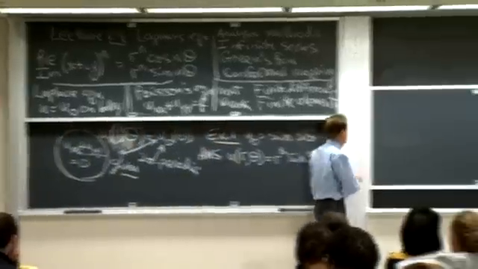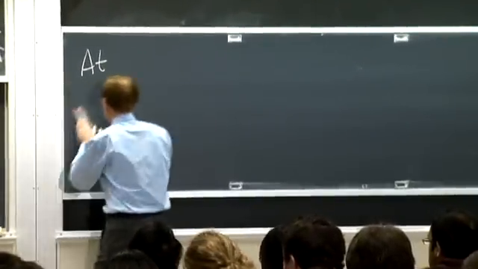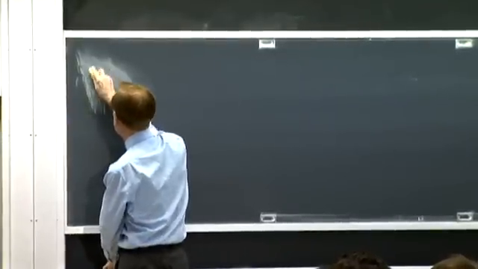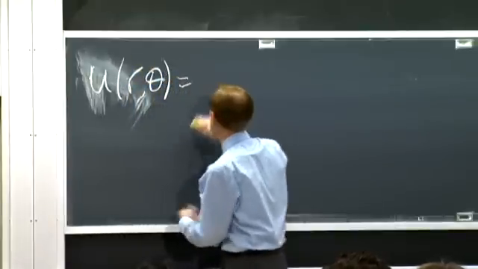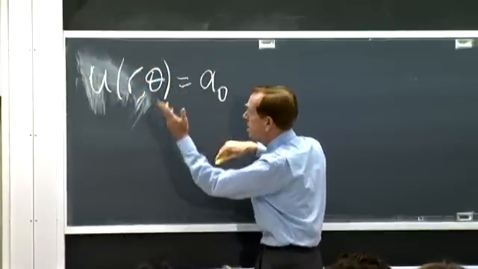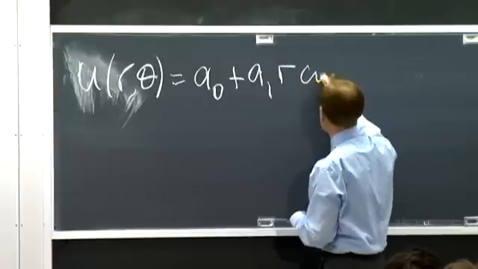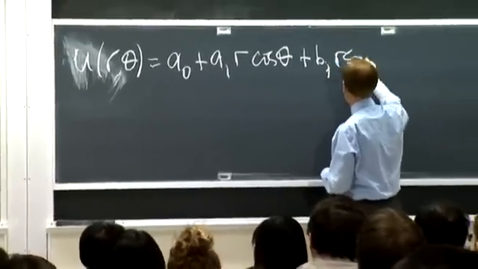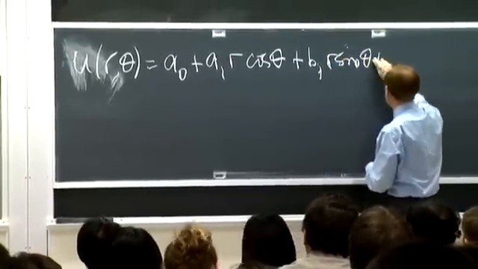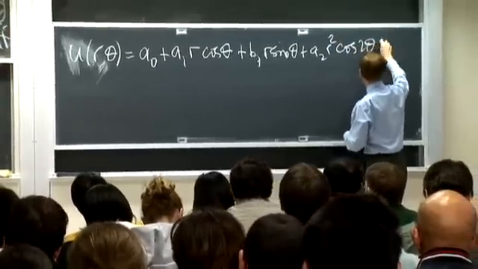So at r equal 1, my general solution is a combination of these guys that I worked so hard to get. The solution is of this form. It's some a0, the constant, and then an a1 r cos theta, and a b1 r sine theta, and a2 r squared cos 2 theta, and so on.